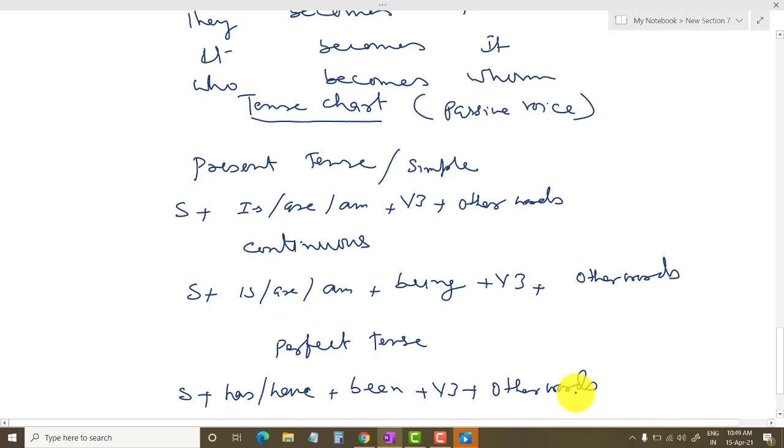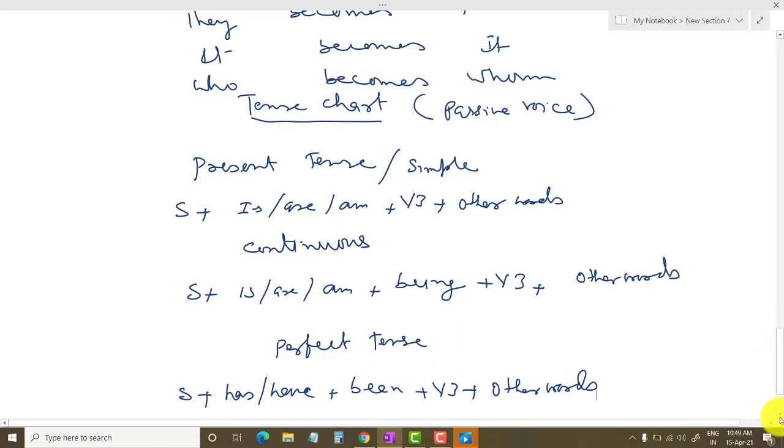This is your tense chart for changing active into passive voice in present tense: simple present, continuous and perfect tense, that is present perfect. Present perfect continuous, we don't require, it is not used in passive voice.